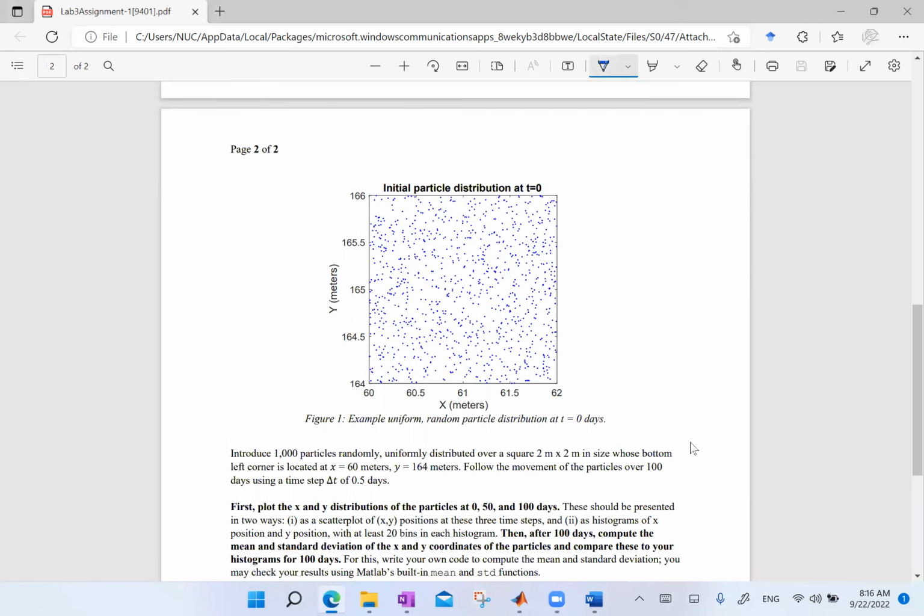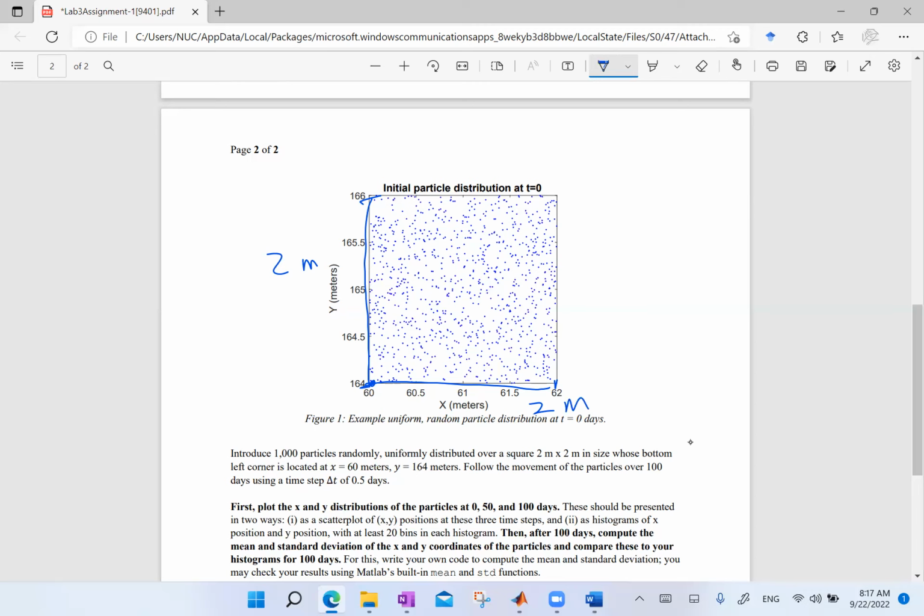The grid has the X interval from 60 to 62 and the Y interval from 164 to 166. So it's 2 units in each direction. You can think about, in this case, 2 meters, just how big the space is for the particles to move around.